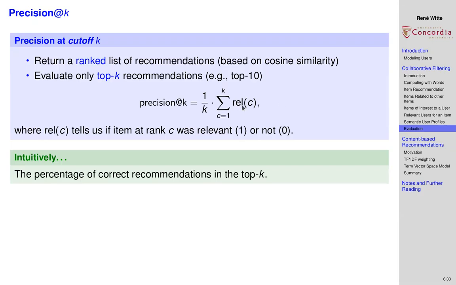So it's basically a sum, 1 plus 0 plus 1 plus 0 plus 1, depending on whether an item was relevant or not. And then you divide it by k, and that's the precision at k. So intuitively, what it tells you is the percentage of correct recommendations in the top k, for example, in the top 10.